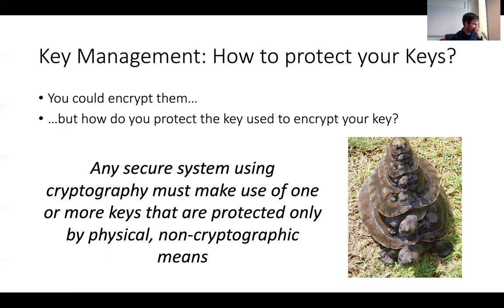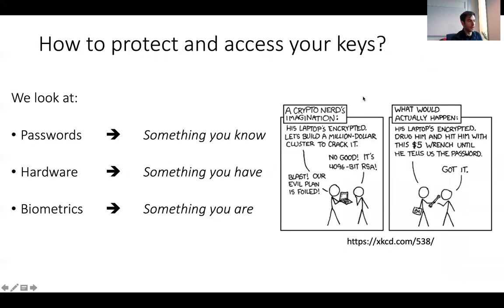So cryptography can take you a long way, but at the end of the day, there is the problem of where you keep the last key in this chain of keys. So here is why passwords, hardware, and biometrics become useful. Those are tools that you can use to protect your keys.